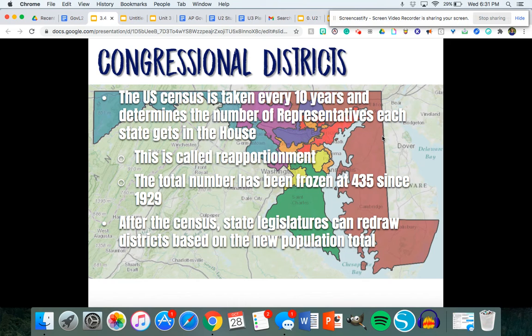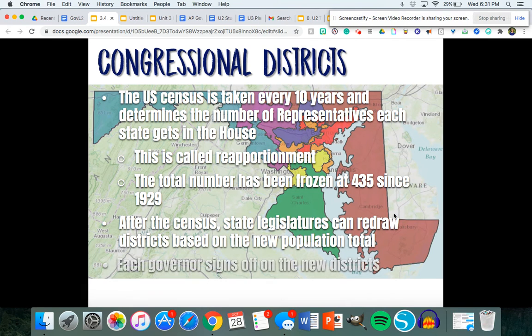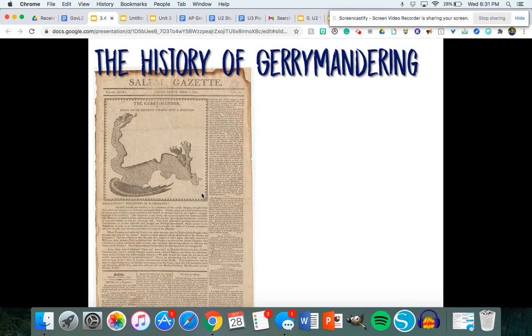And we'll talk about why they do this in a second. But ultimately, this redrawing of districts can lead to gerrymandering. Each governor does have to sign off on the new districts. There are some legal requirements that we will talk about when it comes to districts, but just so you know, the governor of each state does have to approve them as well.